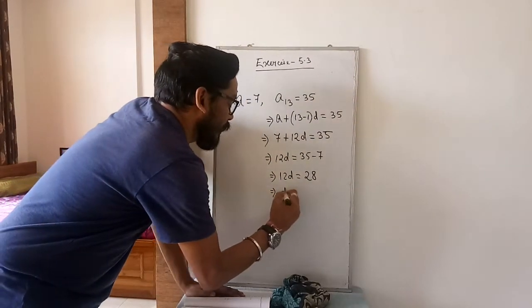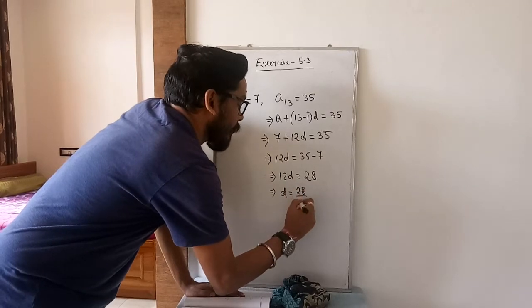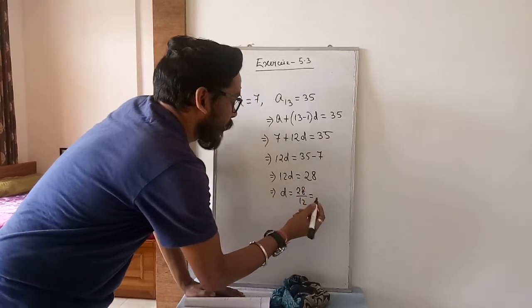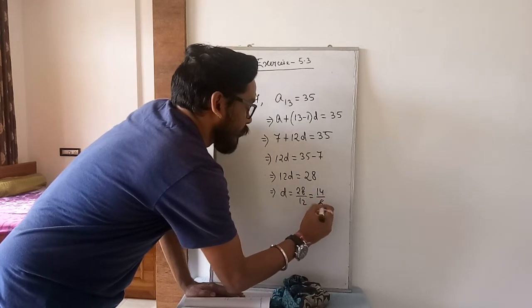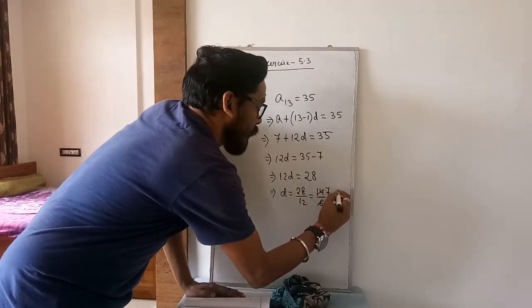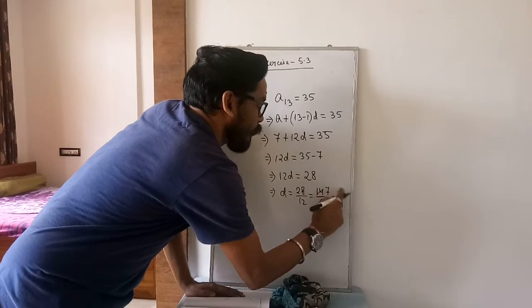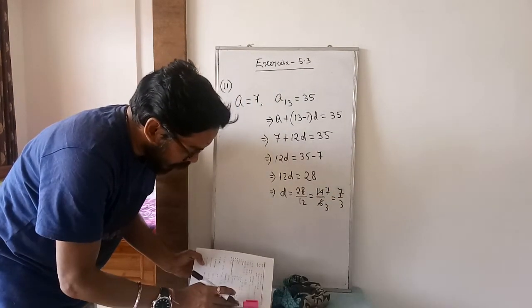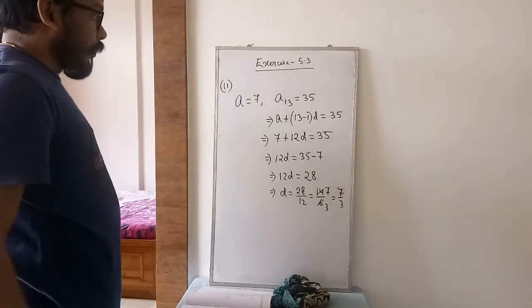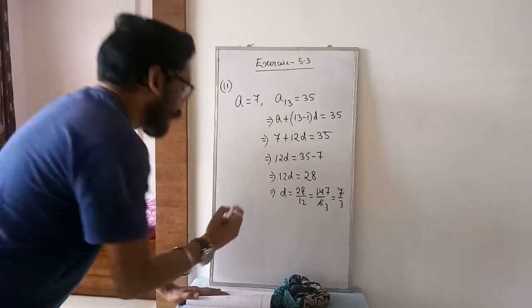So your d is 28 by 12. If you cancel it, 14 by 6, and then 7 by 3. You can directly divide by 4, okay? So 7 by 3 is your d. You got d. Now to find out what?